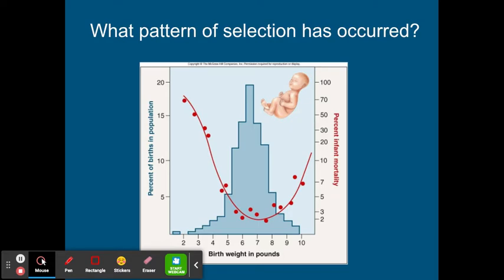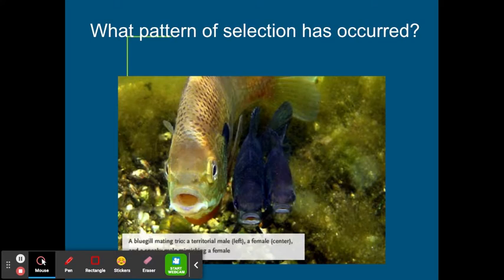So therefore, she might not be able to deliver her child because of the size, thus putting both lives at risk. So what's being favored here is the medium-sized baby in the end that's going to deliver a healthy, well-sized baby that ensures survival of both mother and child. Exactly. So that's stabilizing selection for this one.